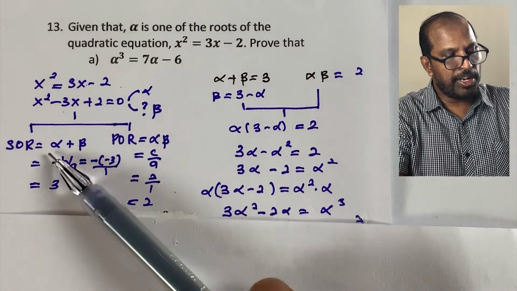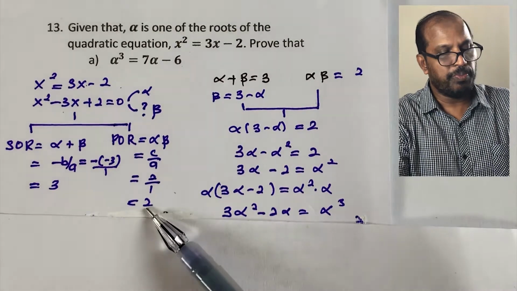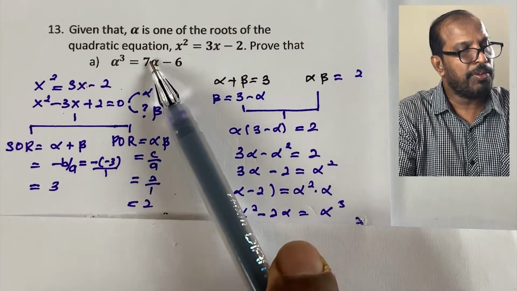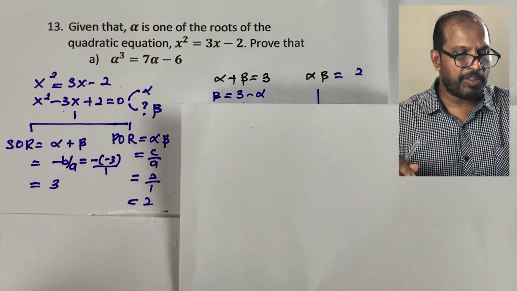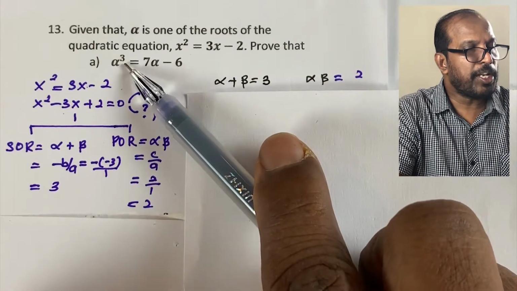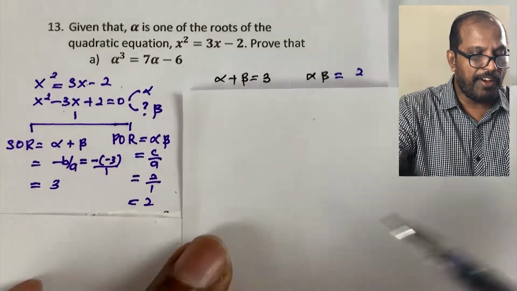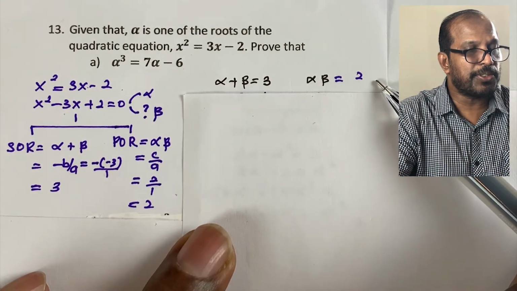So now I have the sum of the roots, alpha plus beta equals 3, and alpha beta equals 2. Looking at the equation we need to prove, it is without beta, so I need to eliminate beta. Therefore, I have two equations here: alpha plus beta equals 3 and alpha beta equals 2.